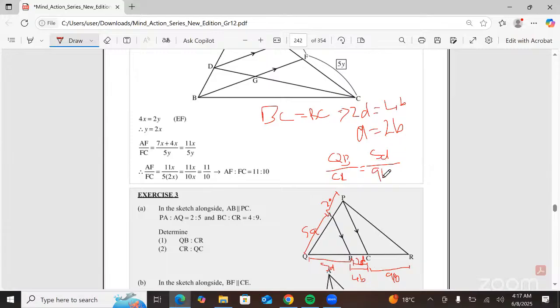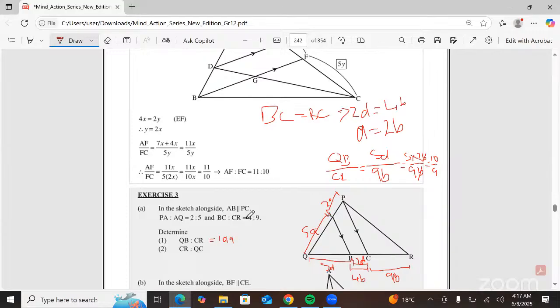Then we substitute 2B for D, 5 times 2B over 9B. Then B goes out, we are left with 10 over 9. Therefore, this ratio is going to be 10 is to 9.